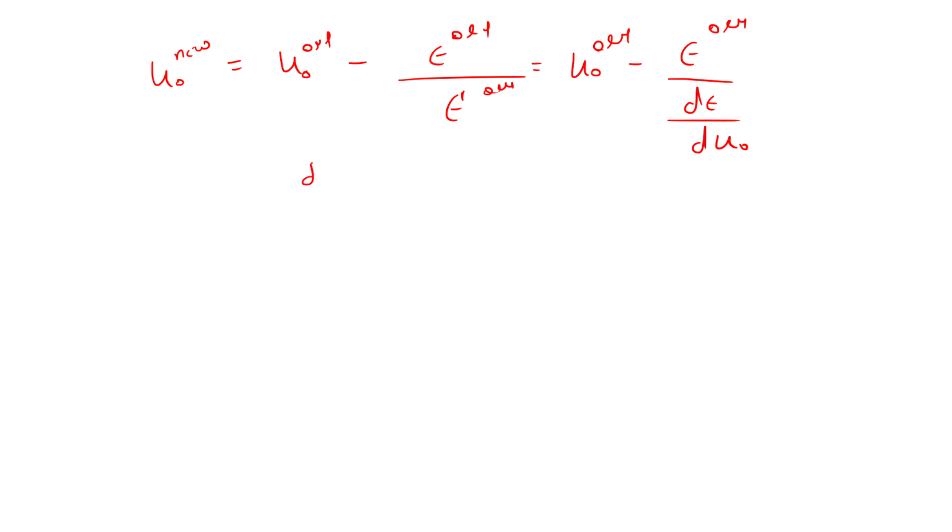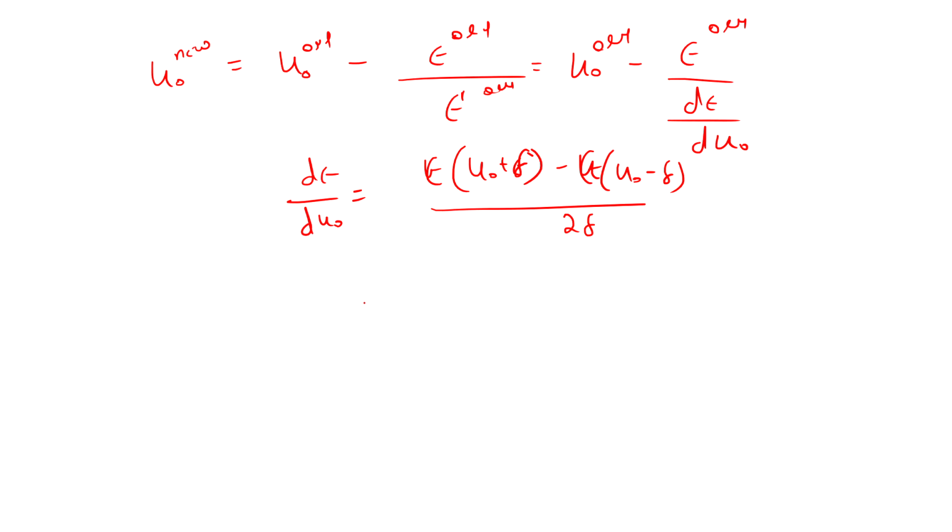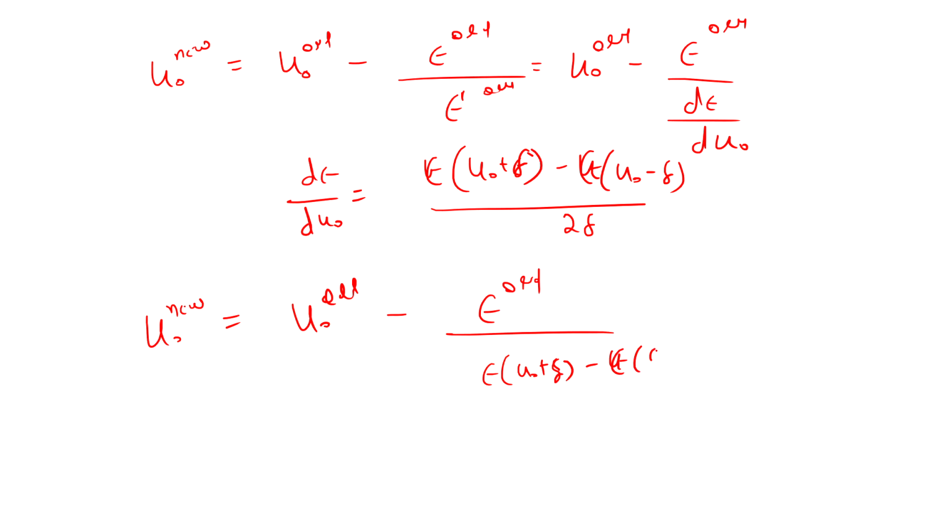So what is d epsilon over du naught? It is nothing but epsilon at u naught plus delta minus epsilon at u naught minus delta upon 2 delta. So my u naught new is nothing but u naught old minus epsilon old divided by epsilon u naught plus delta minus epsilon u naught minus delta divided by 2 delta.